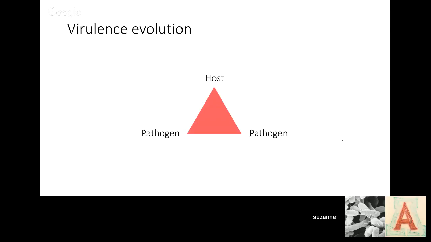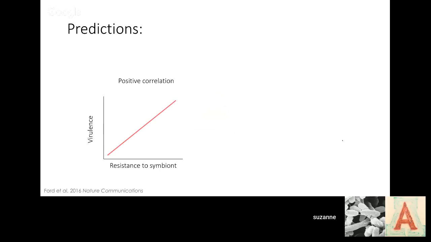And so I looked at these papers and I thought they were really interesting, and how these microbial interactions are actually similar to what goes on between a defensive symbiont and a pathogen. And so I thought that a lot of this literature could actually probably be applied in the case of the defensive symbiont. And so I made two predictions. The first one is basically linking the resistance of a pathogen to a symbiont and its virulence.